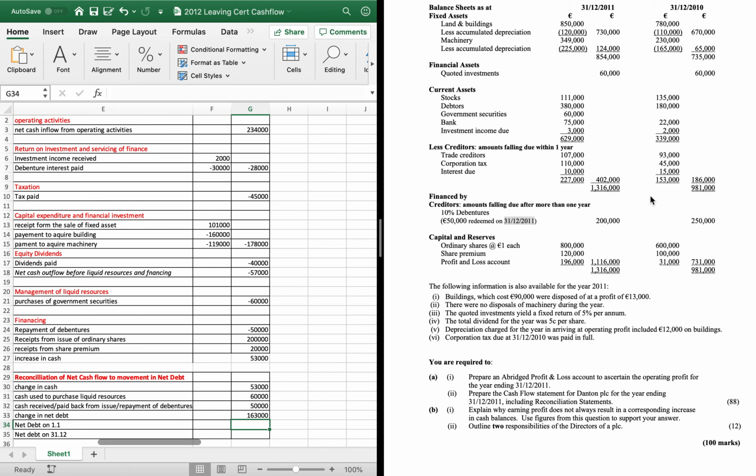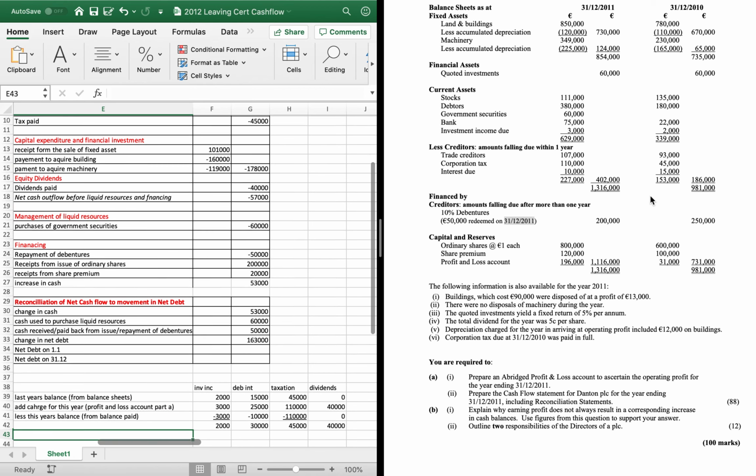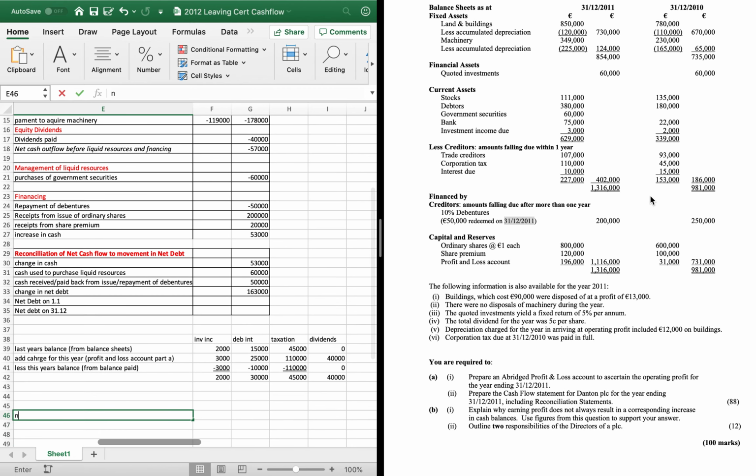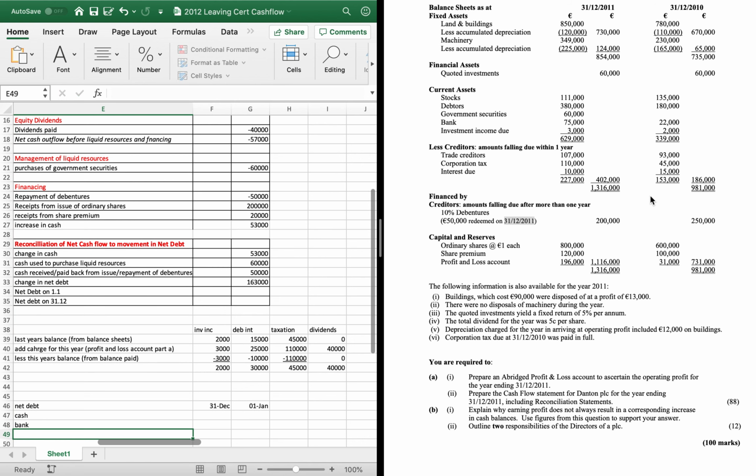So we can check that that's right by comparing our net debt from last year to our net debt from this year. So I'll just do a little working here. I'm going to use net debt from this year first, 31st of the 12th and 1st of the 1st. So net debt is made up of cash, bank or bank overdraft. I'll put them in separately just to show this.